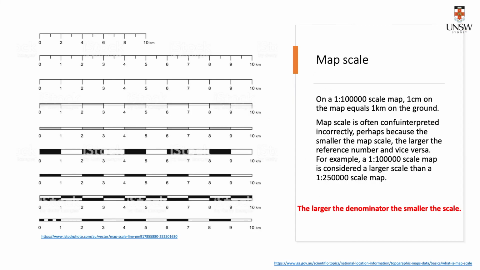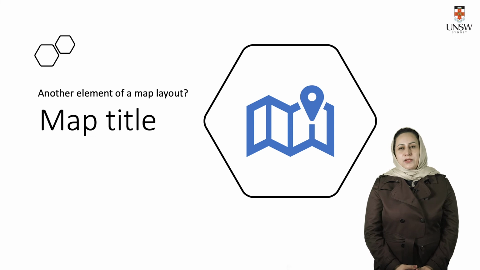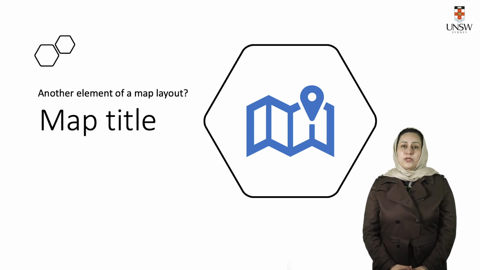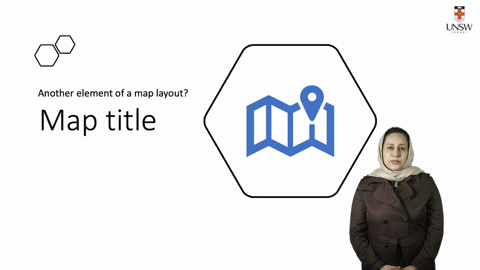Map scale refers to the relationship or ratio between the distance on a map and the corresponding distance on the ground. Always be careful that the larger the denominator, the smaller the scale. Another element of a map layout is the map title that we need to add to our maps. Please be careful to make a professional map. We always need to add a title, scale bar, north arrow, and legend to the map layout.